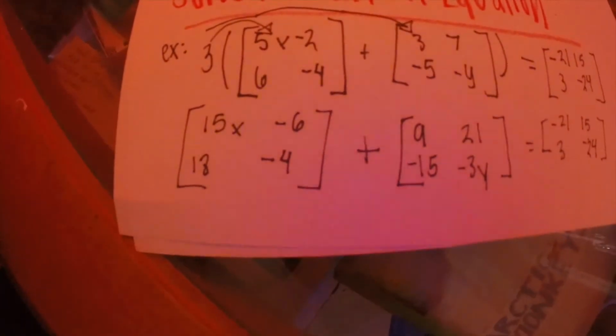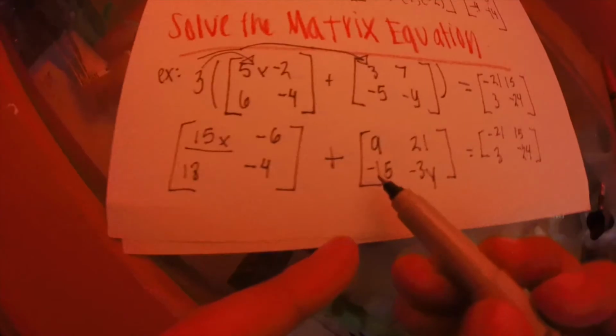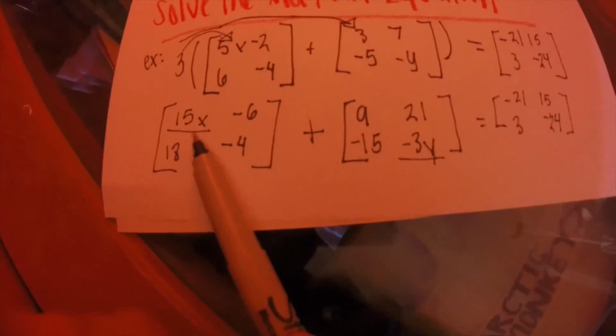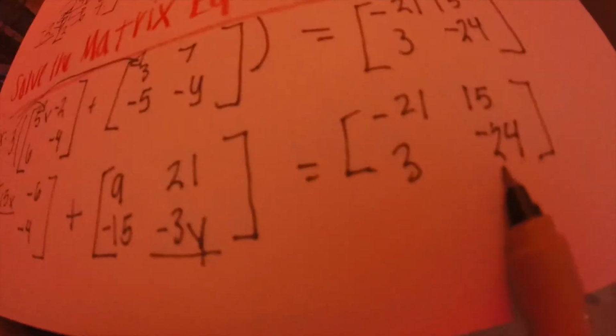In this case, they're only asking you to find the x and the y, which are here and here. If you remember your subtraction and addition properties, it is all about placement. Therefore, the 15x plus the 9 should give you negative 21, and the negative 3y should give you negative 24.